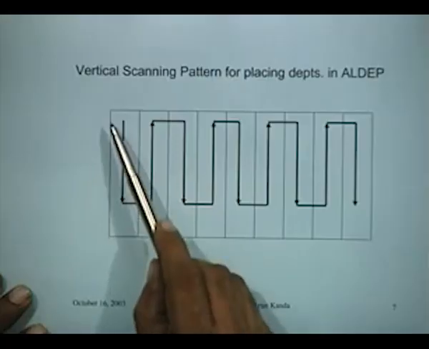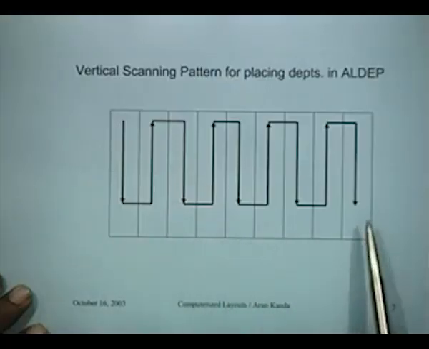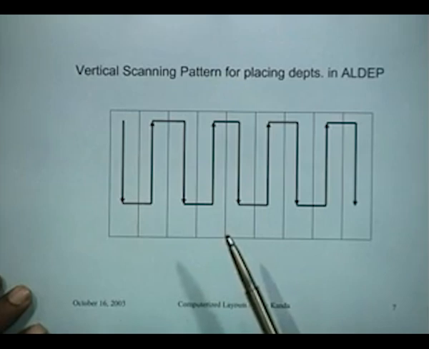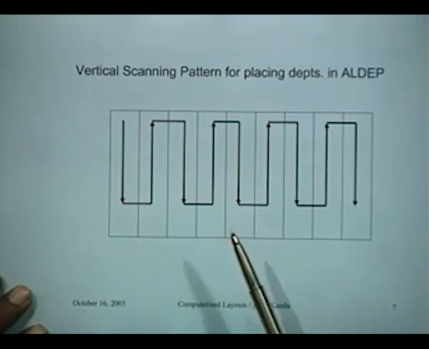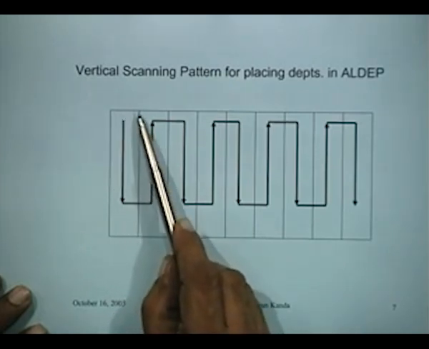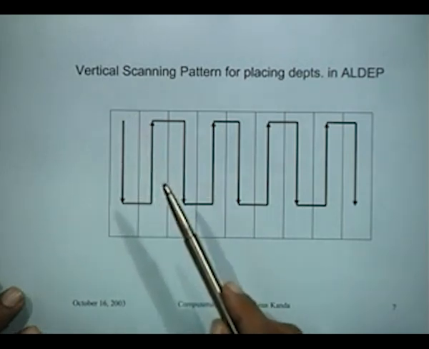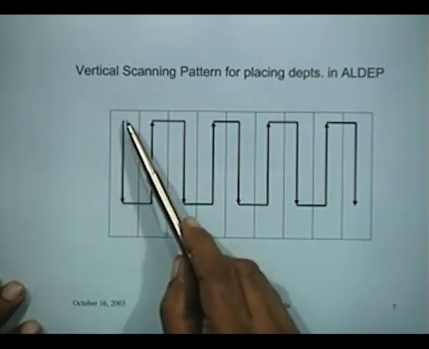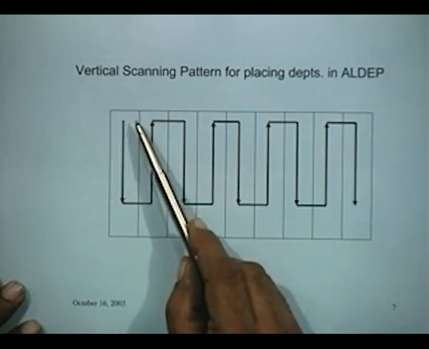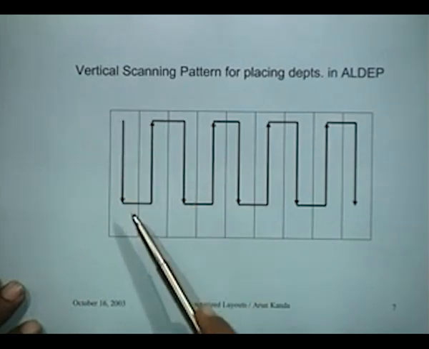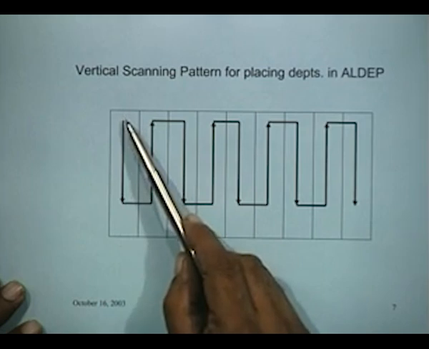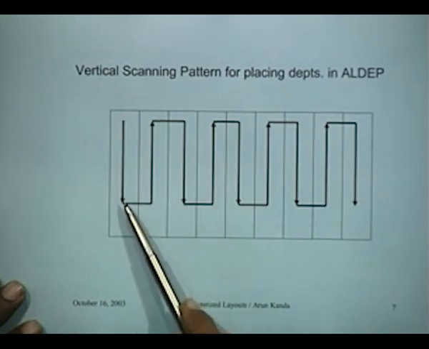One other feature of LDAP is how it places the departments in the layout. Suppose this is the area in which you want to develop the layout. What it essentially assumes is that there is a constant width, and suppose you want to locate a department, it's like saying that this is the width of a sellotape, and you keep on unrolling the sellotape in this direction.